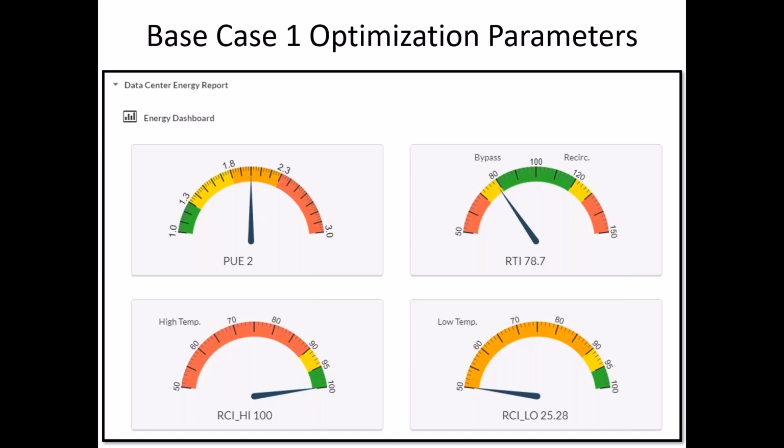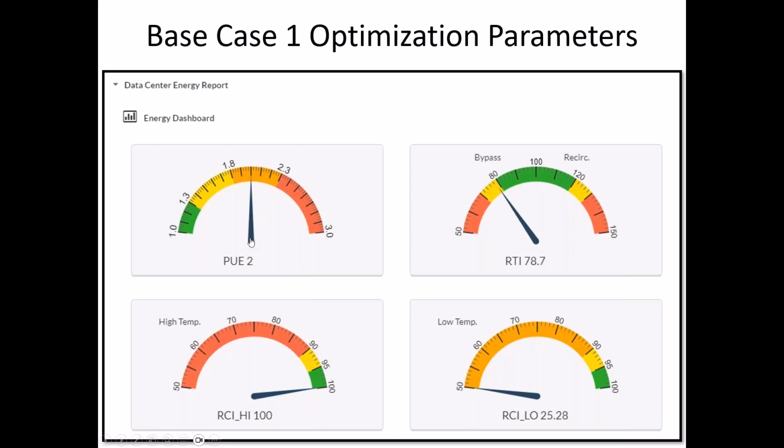So here we have PUE, RTI, RCI high, and RCI low, all displayed at the same exact time on a chart. And this is going to be part of CoolSim, and the CoolSim output report, I'll show you in a moment. We're including this. We're generating this for you automatically. Okay, so you'll have it.